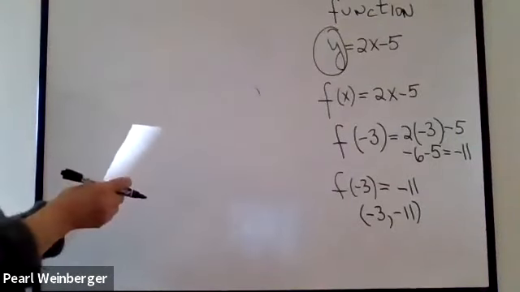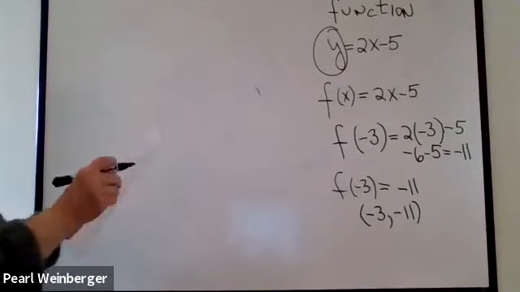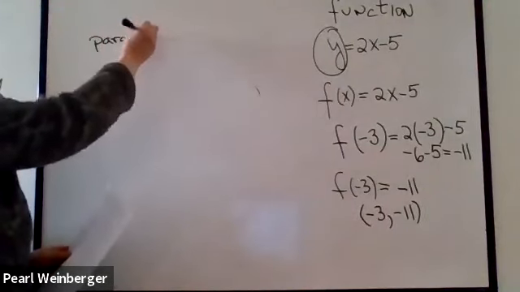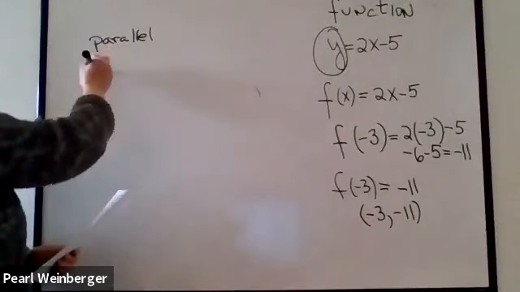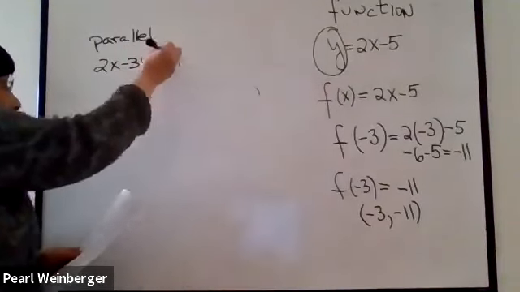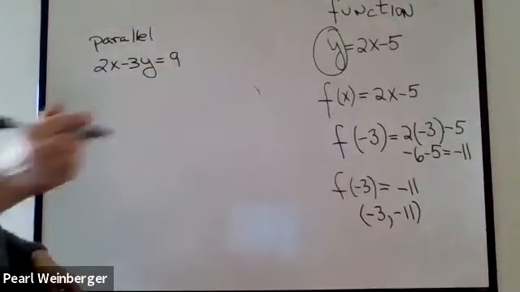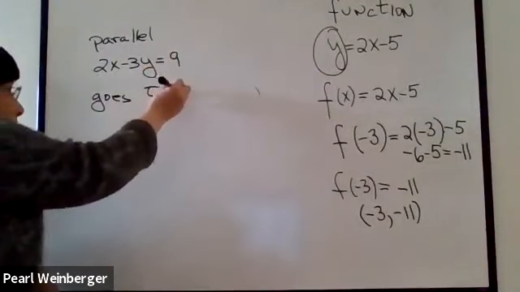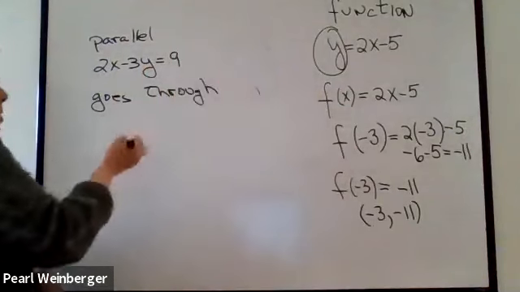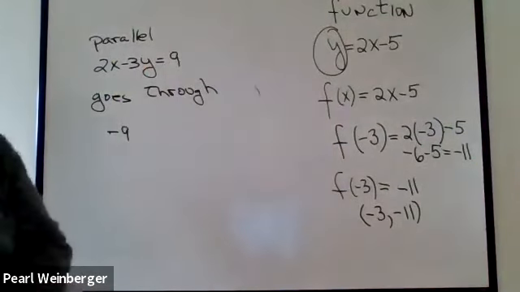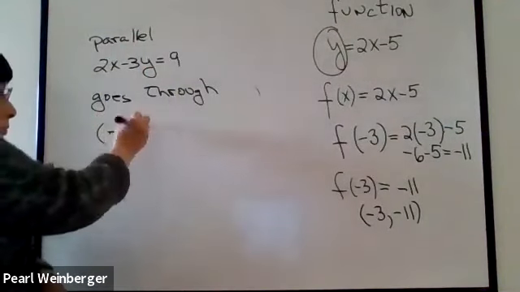I want to write the equation of the line that is parallel to the line 2x minus 3y equals 9, and goes through the point -9, 1.